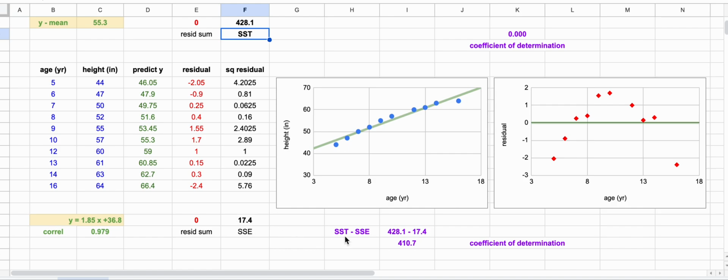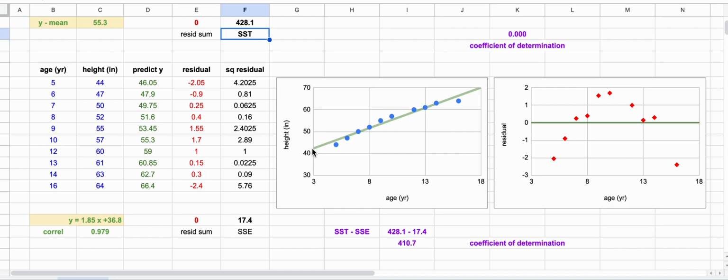If we take the total, 428.1, and subtract what's left over, 17.4, we've been able to eliminate 410.7 in terms of squared error.